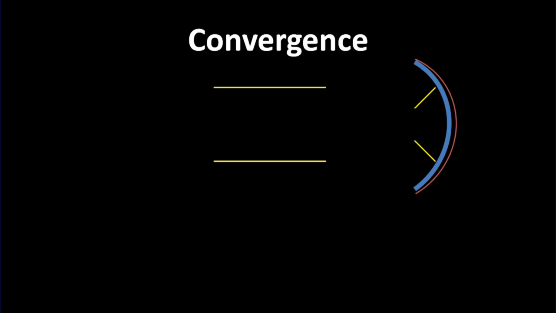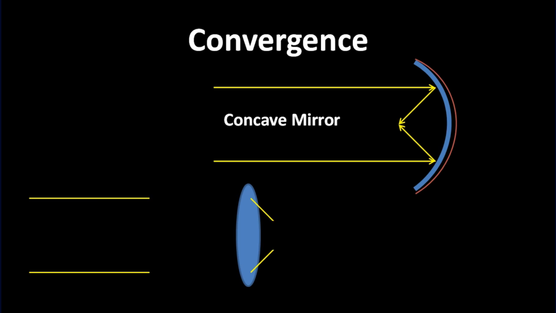We see convergence in case of concave mirrors. So you see light rays after reflection are meeting or converging at a point. We also see convergence in case of a convex lens.